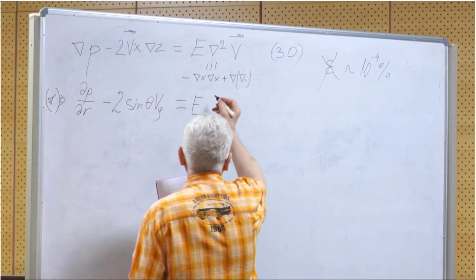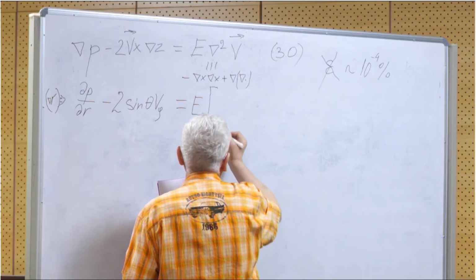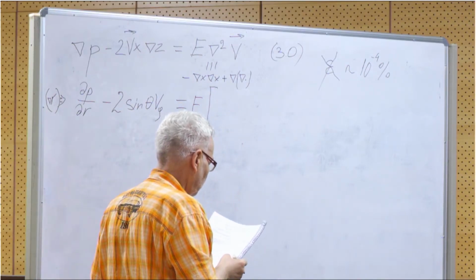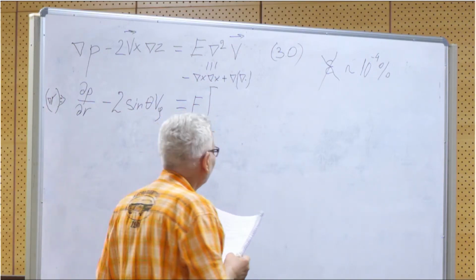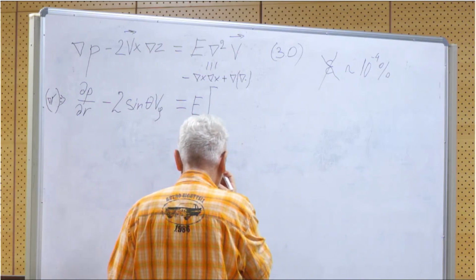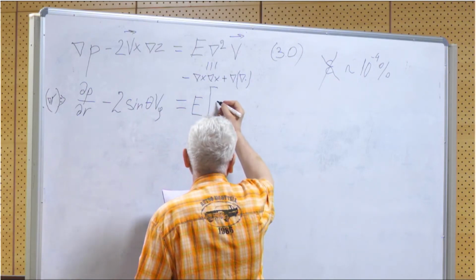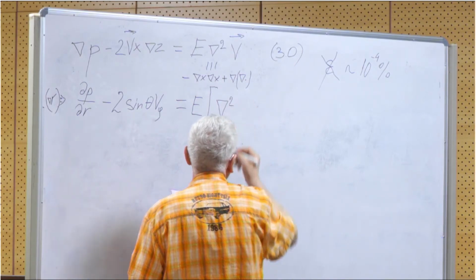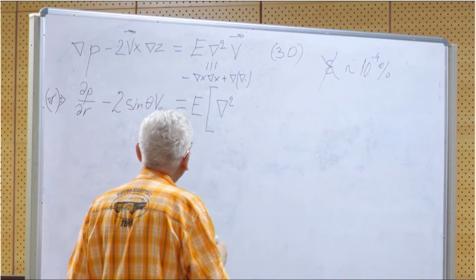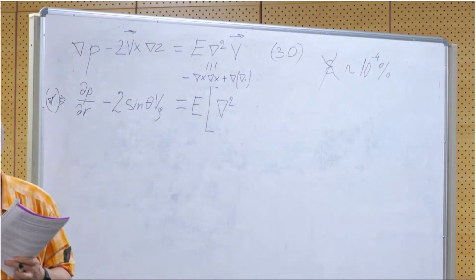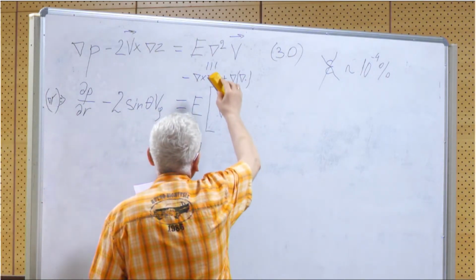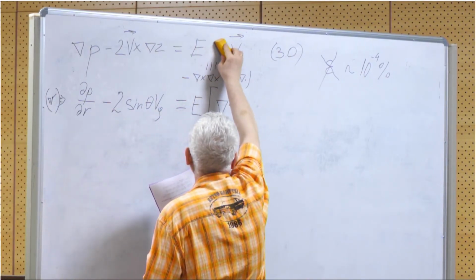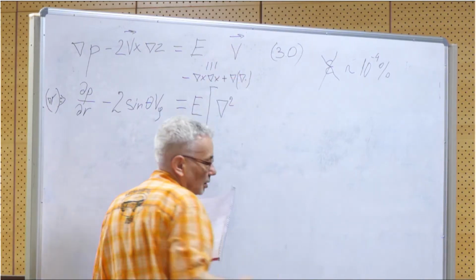Then we have a rather lengthy equation. Okay, but I will try. So, of course, first of all, we have just the scalar Laplacian. Let me stress the difference between scalar and non-scalar.